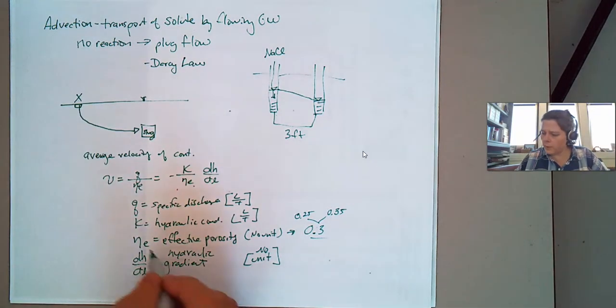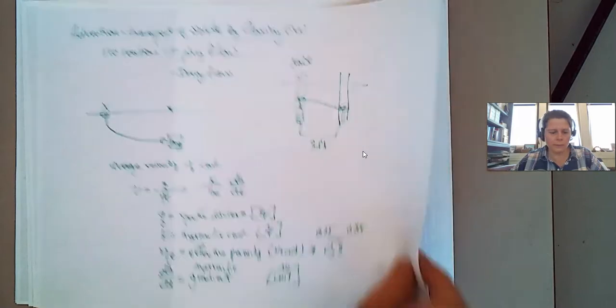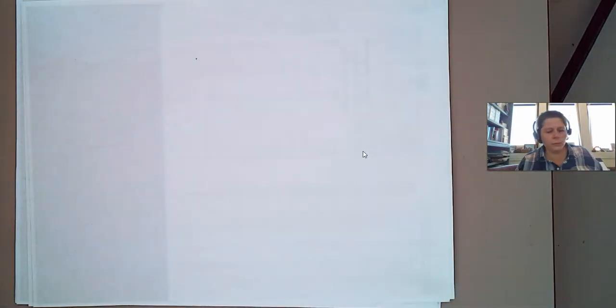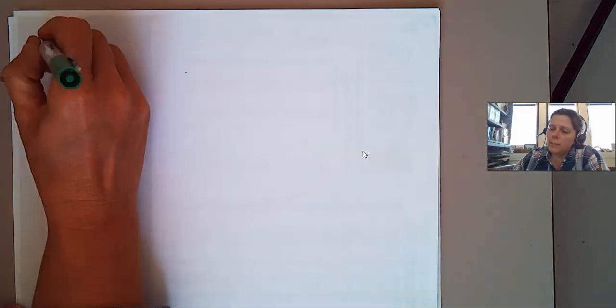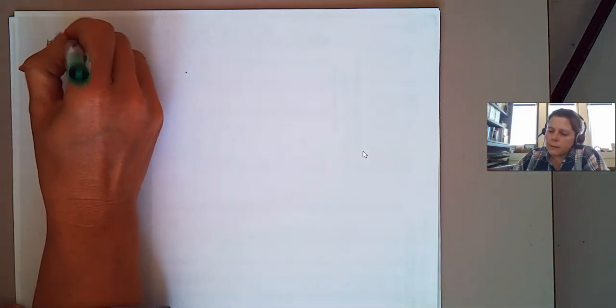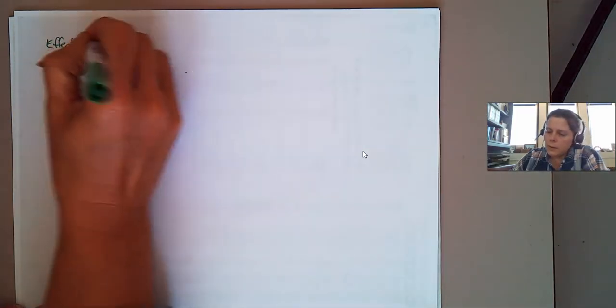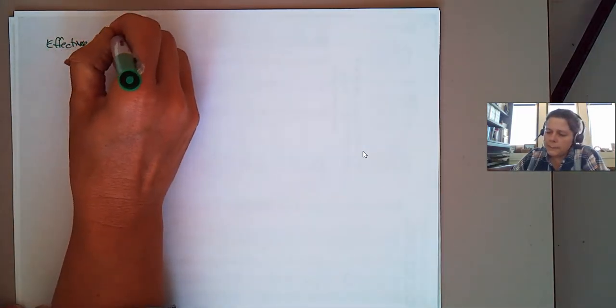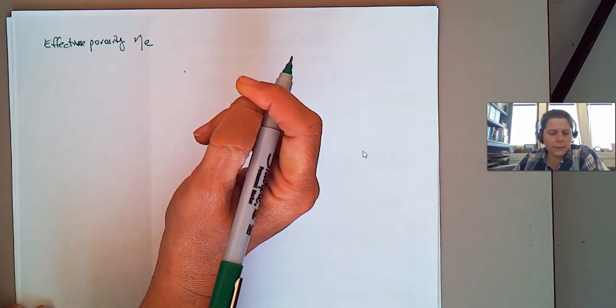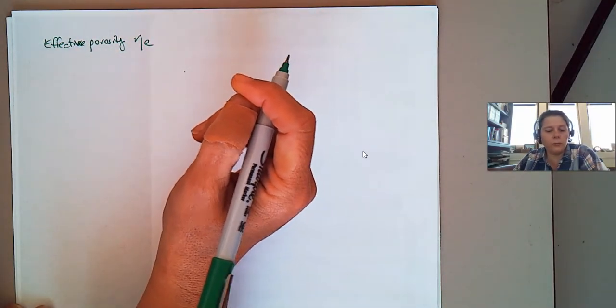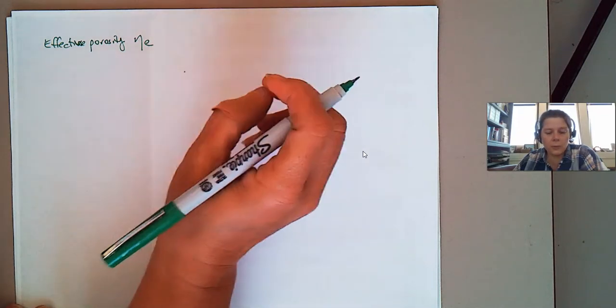So effective porosity. We'll just go into that for a second. I already kind of mentioned it, but effective porosity, or NE, is often defined as the porosity through which either flow or transport occurs.